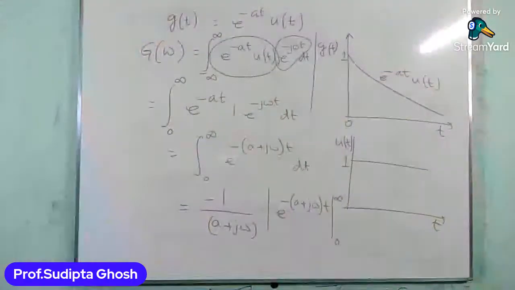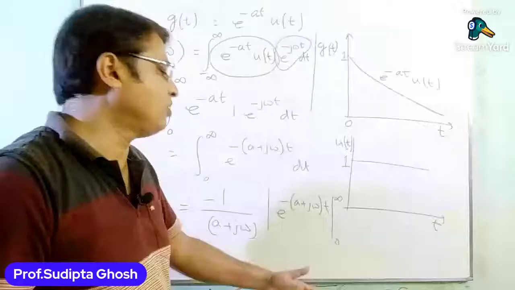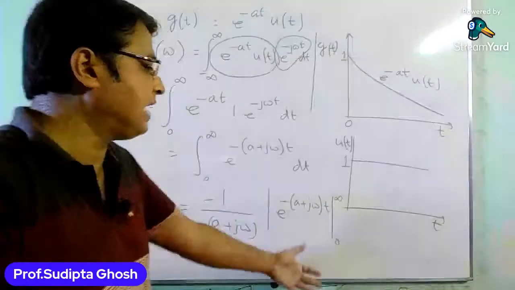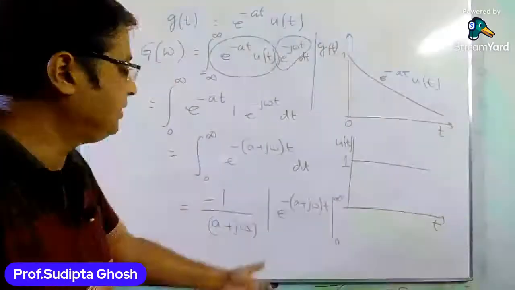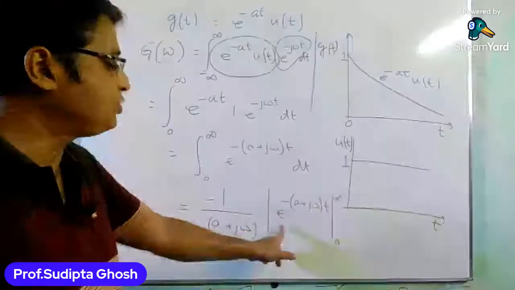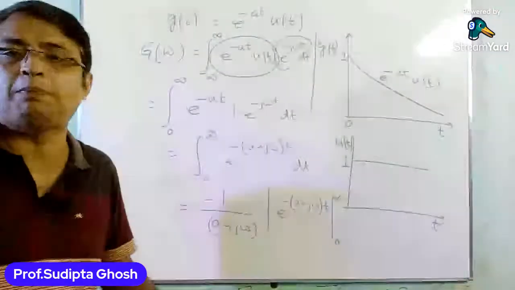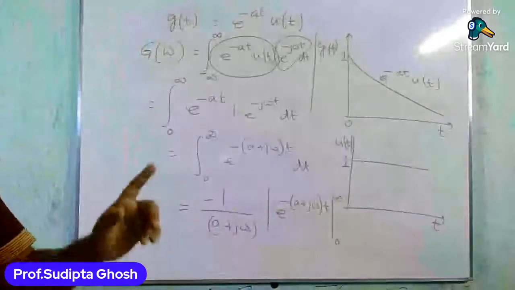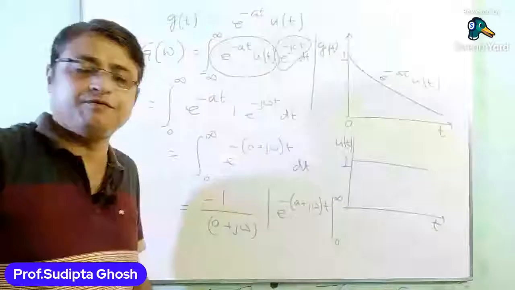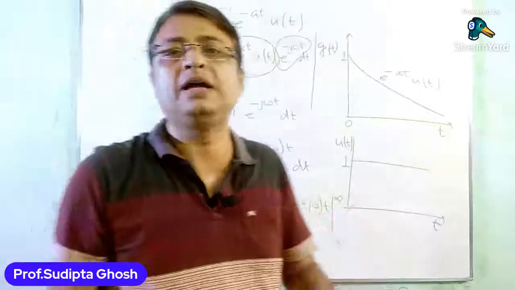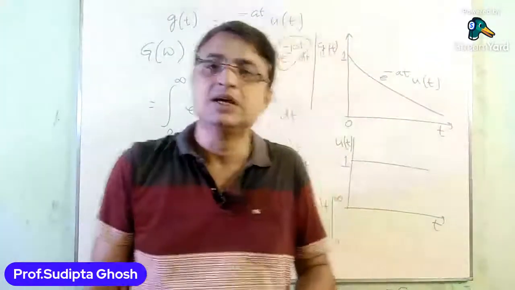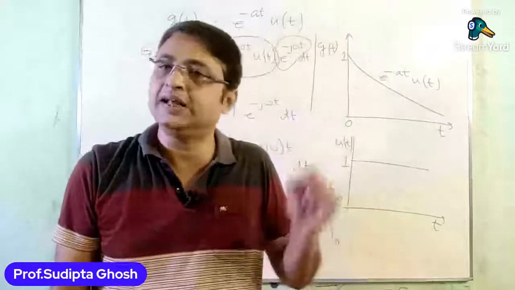So okay, now applying, on substituting the values of the upper limit and the lower limit, we find e to the power minus infinity, and as you know, e to the power minus infinity means 1 by e to the power infinity, and e to the power infinity becomes infinity, so 1 by infinity is 0.